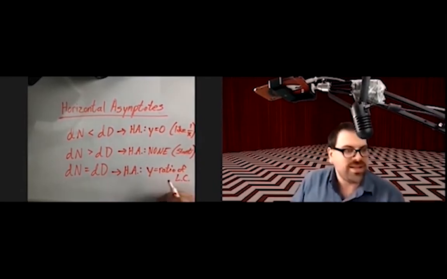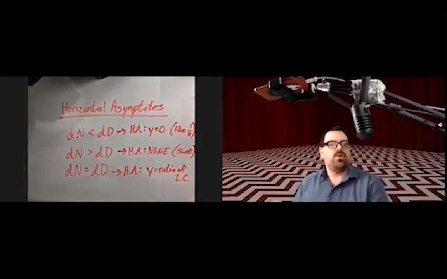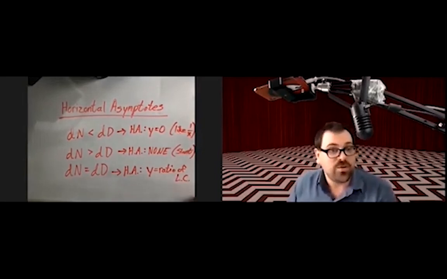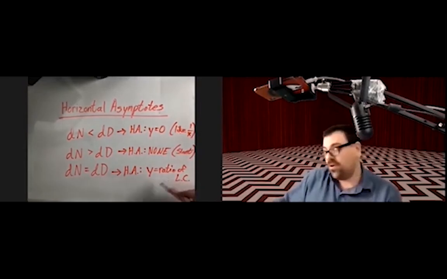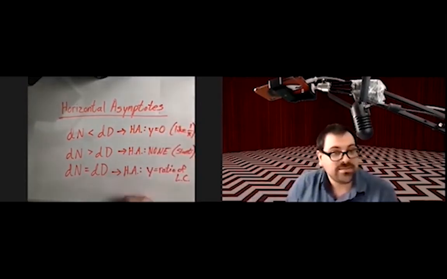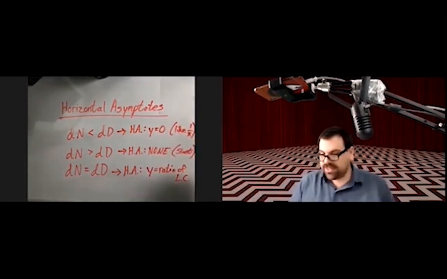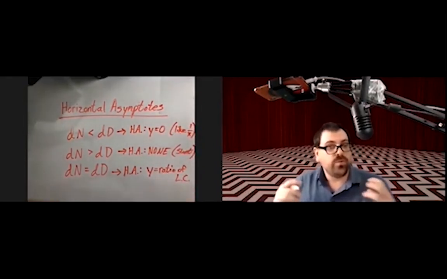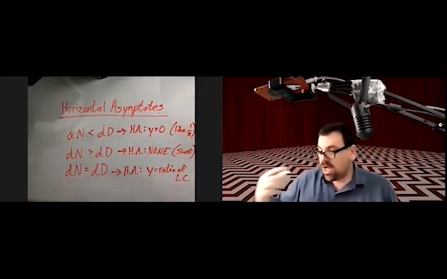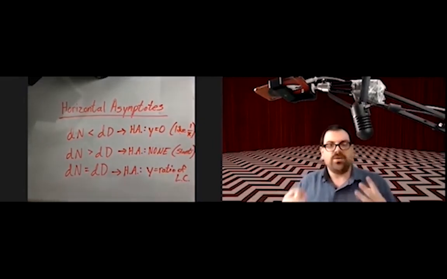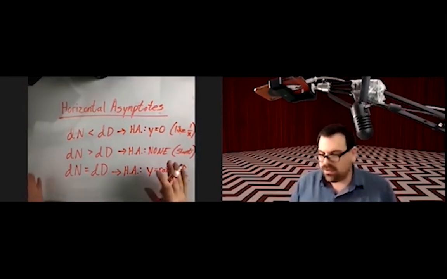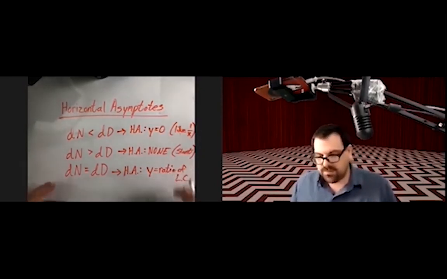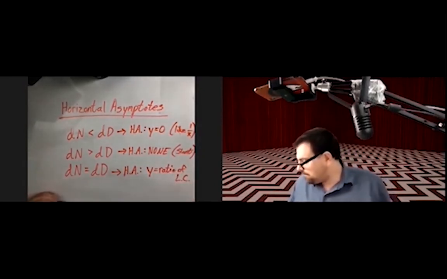And again, when we get to an example of this, I'm going to show you what y equals ratio of the leading coefficients is. This one is the easiest, if you don't consider that the easiest. This really isn't so bad. This looks complicated, but when we're working through the three cases, more and more examples, you're going to see, okay, it's not hard. I just have to remember the cases.